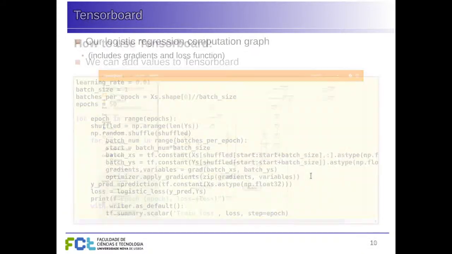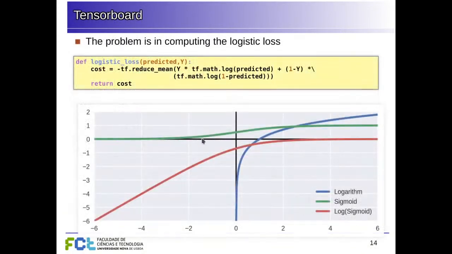And if we look at these functions, the sigmoid is like this. For very negative numbers, it approximates 0 asymptotically. So in minus infinity, it will reach 0, but it's getting closer and closer to 0. And the logarithm, as we get closer and closer to 0, starts getting closer and closer to minus infinity.